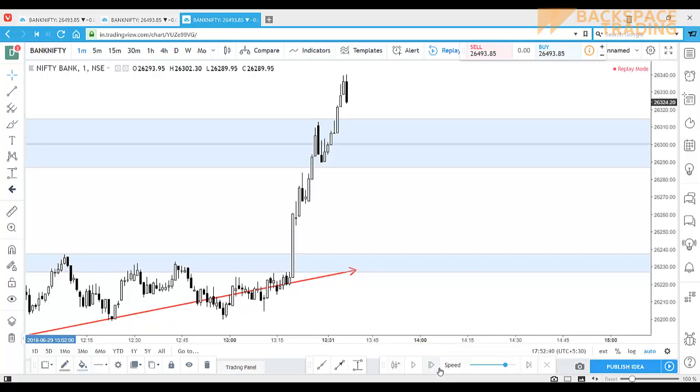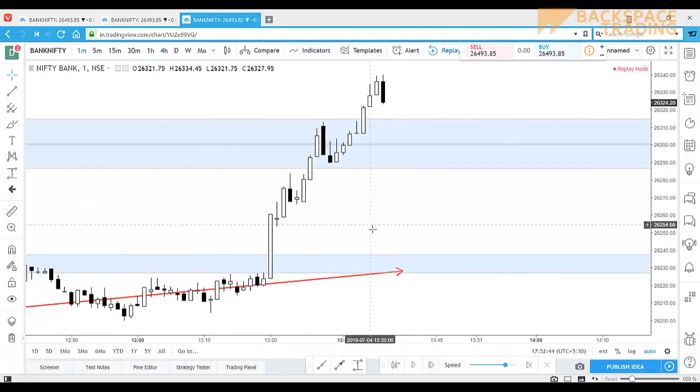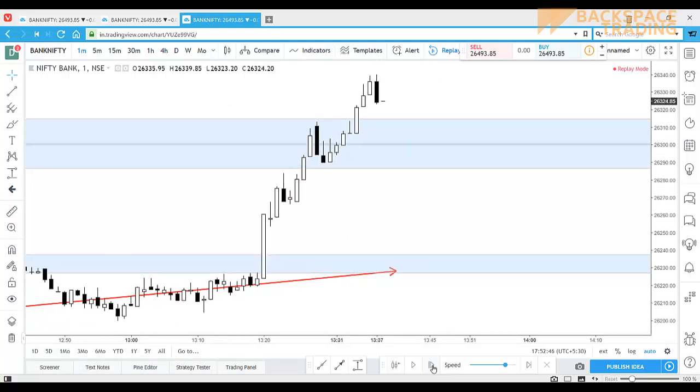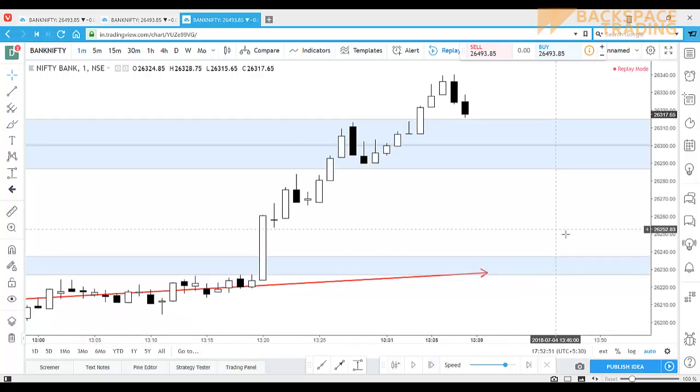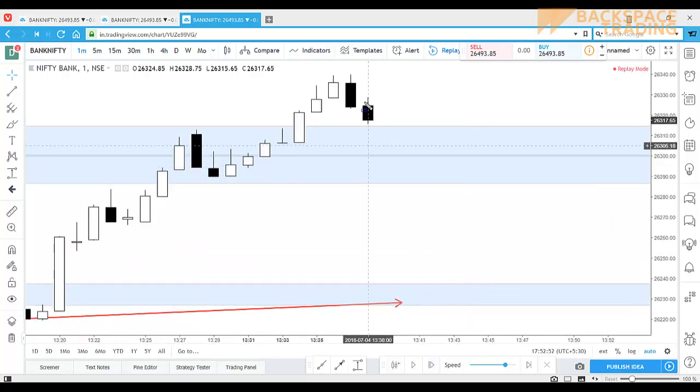Okay, further breakout, and you have the first down move over here. Let us see what's going to happen. Now this, my friend, you can analyze as a low close bear candle. Okay, this is 1 minute, so you don't have to worry about big risk.